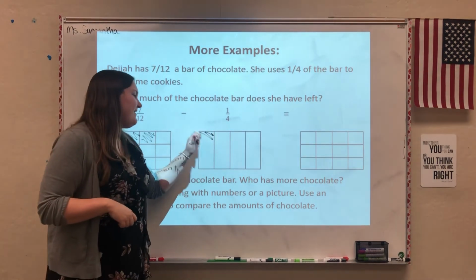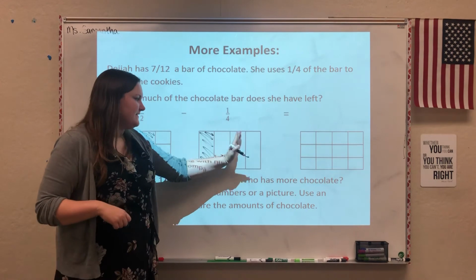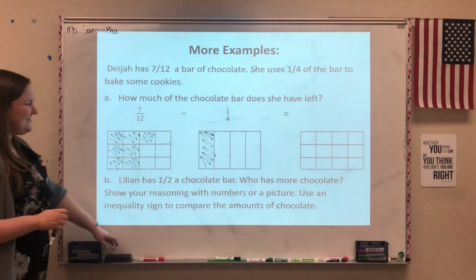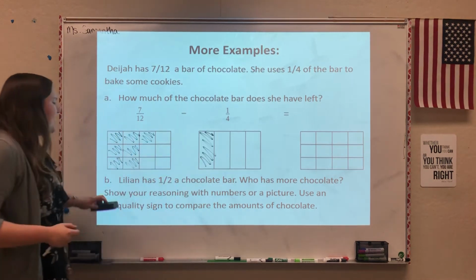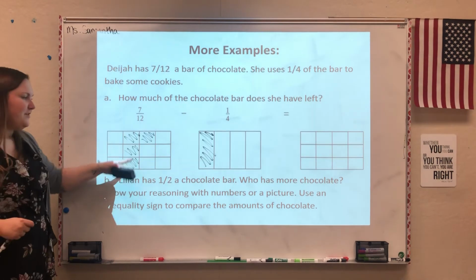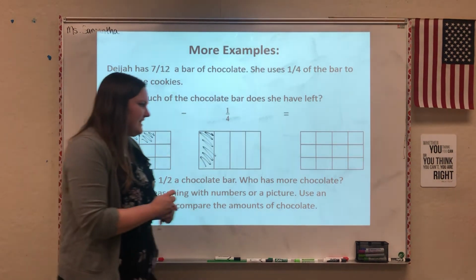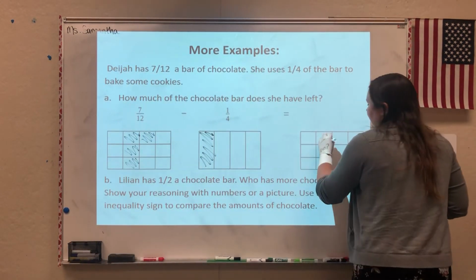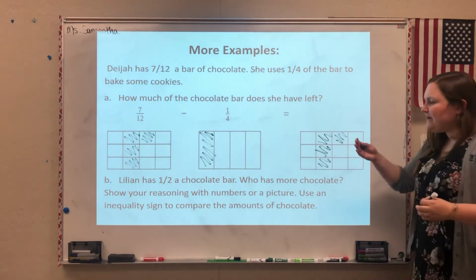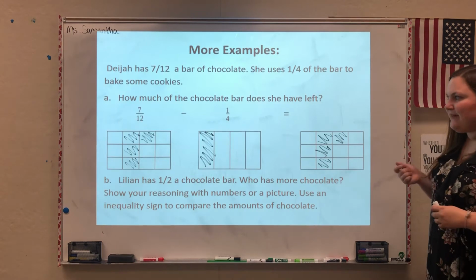She's taking away 1 out of these 4 parts. If she's taking away this 1 bar, imagine me taking away this 1 bar. That's going to leave you with 4 of them. So she's left with 1, 2, 3, 4. So I've got a picture of what's going on, but what does the math look like?